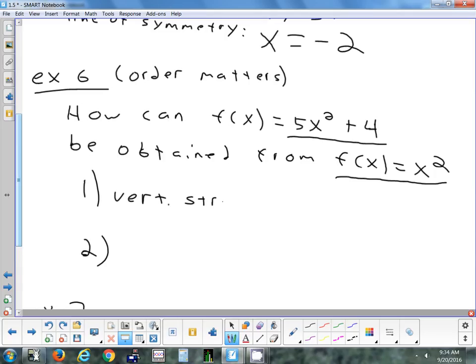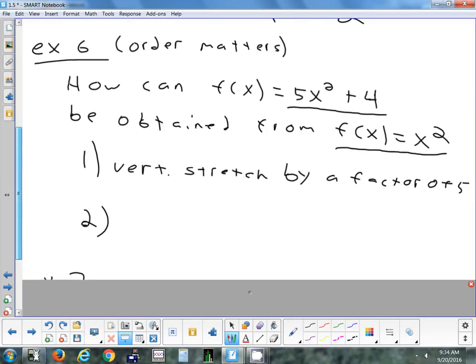So vertical stretch by a factor of 5. And what about the plus 4 at the end? Move the graph up 4 on the y-axis. Yep. So you can just say shift up 4 units. Just make sure you tell me the direction and how much. Up 4.